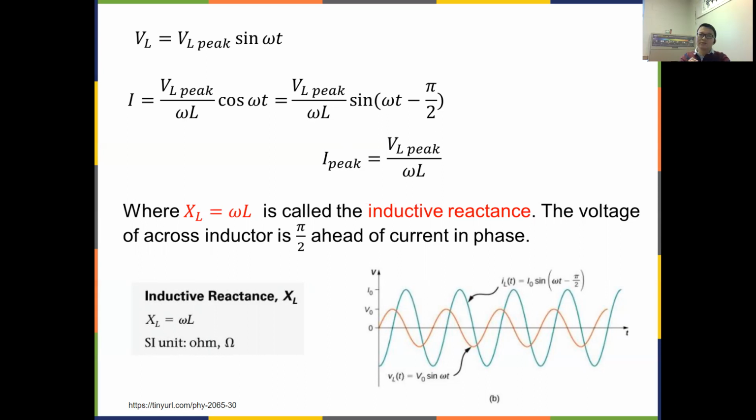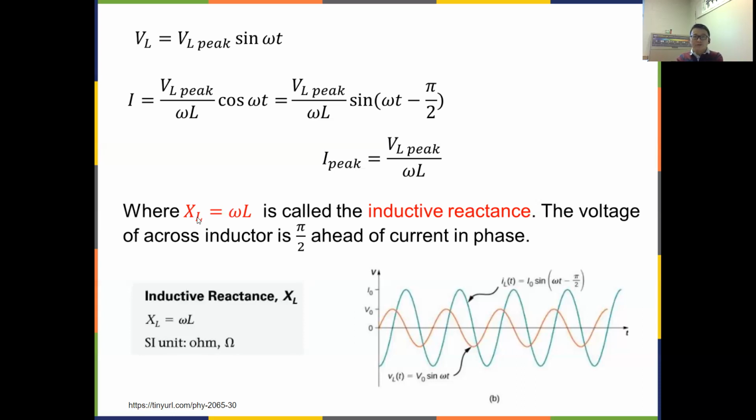This kind of reaction we call reactance, and for the inductor it's called inductive reactance. So we use the symbol X instead of R: X for reactance, and sub L for the inductor. Later on, we'll learn X sub C, the capacitive reactance, which is the reactance of the capacitor to the AC signal.